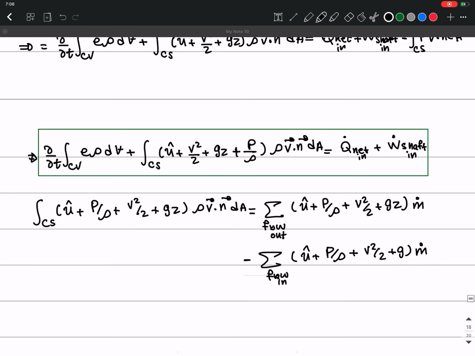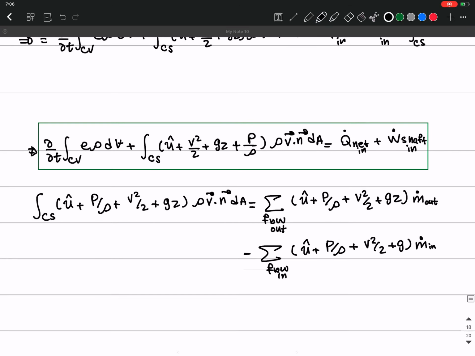So this is m dot out, this is m dot in. But these two have to be equal, right? Whatever comes in from mass should go out from the continuity. So I just assume they are the same.